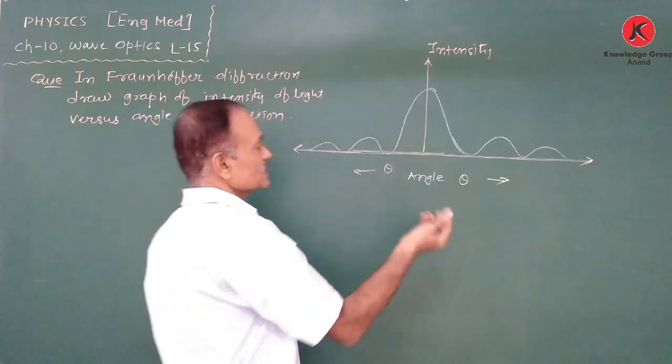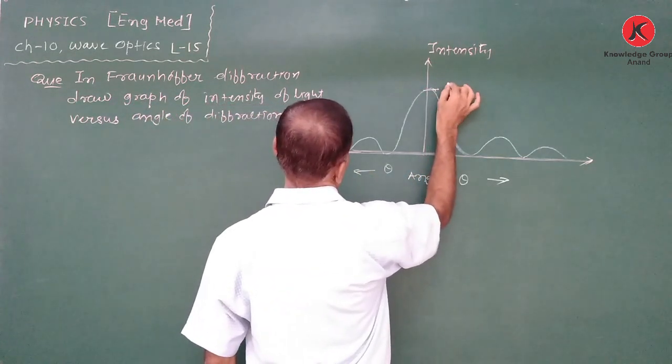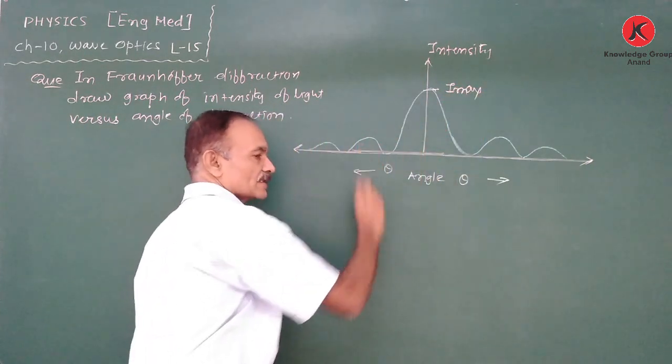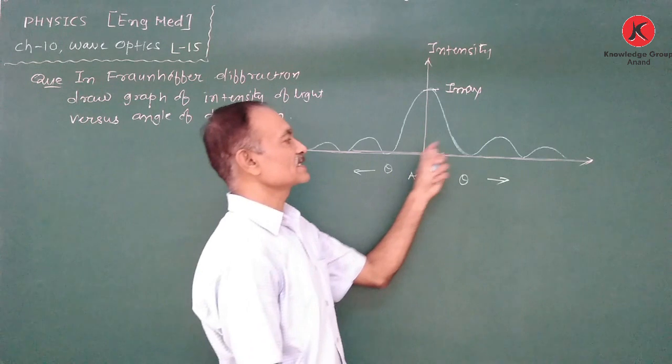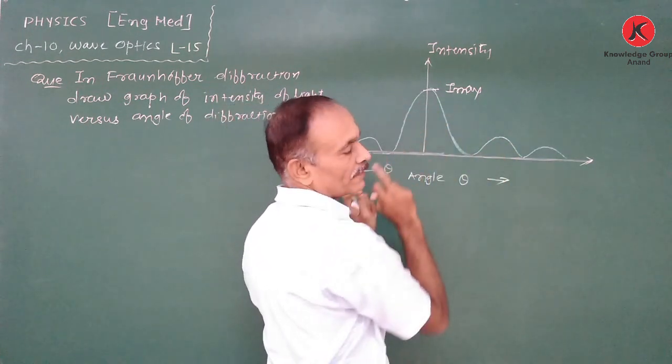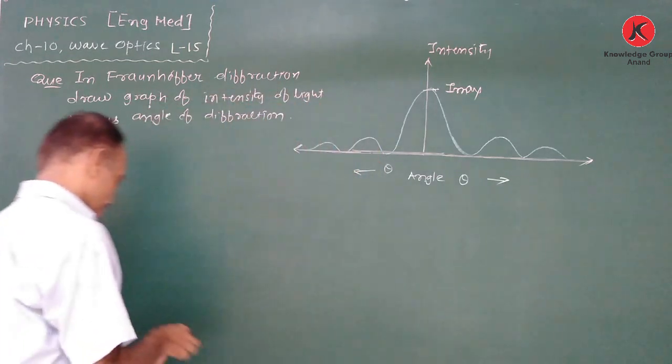Now here we have to discuss this. That is the maximum. There is the zeroth order or the central maxima. There is the first order maxima on either side of the central maxima.